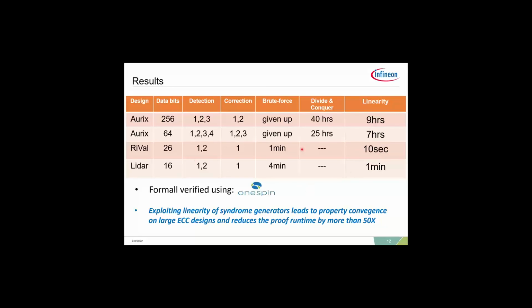All our property runs are captured with the formal tool that we use at OneSpin. The conclusion for the ECC design is that by exploiting the linear functionality of the syndrome generators, for large ECC designs, we can have a much smaller property proof runtime. In our case, it is at least 50 times better than the brute force approach.